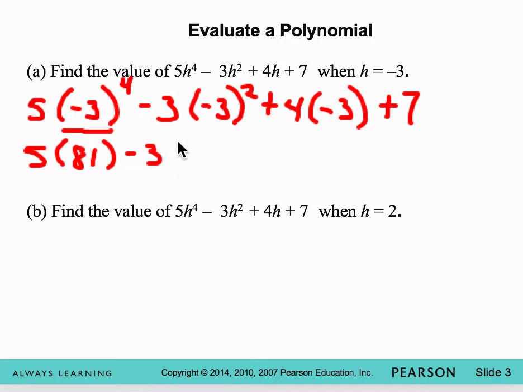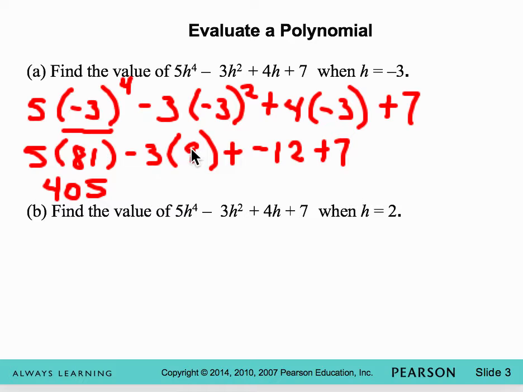Same thing here, 2 negatives is going to be a positive, and 3 times 3 is 9. Now 4 times negative 3, and then plus 7. So 5 times 81, that's 405. Negative 3 times 9. Double signs, since they're opposite, it's a minus.